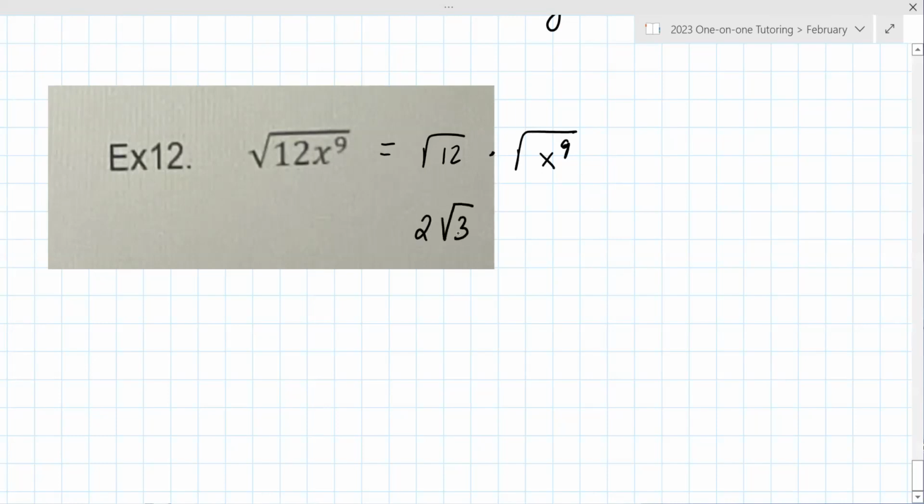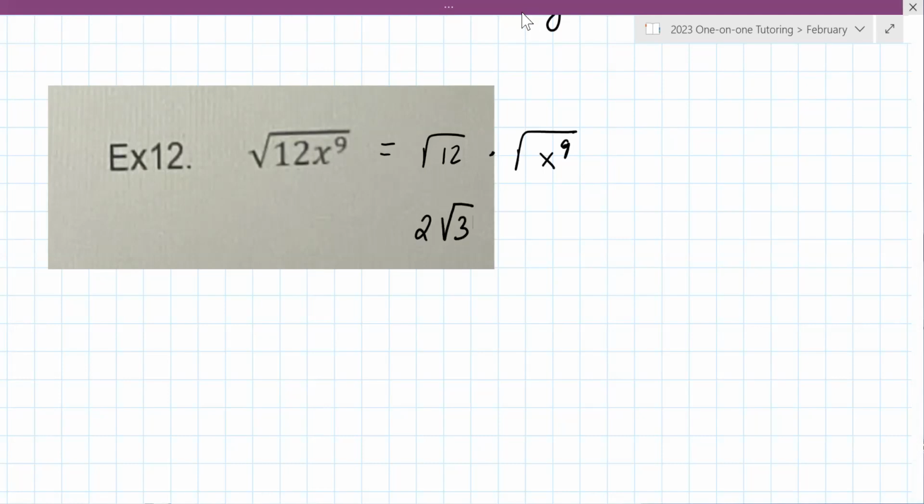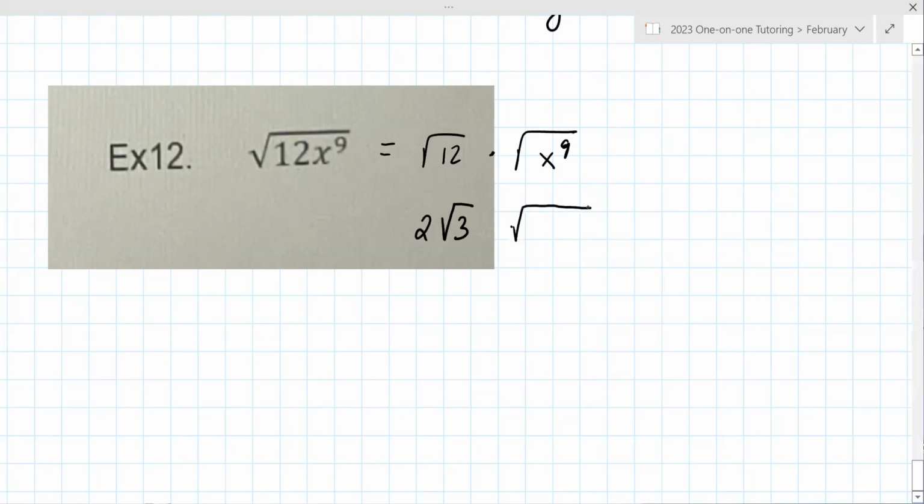Good. Now, a lot of math really is turning something you don't know into something you do know. Do you agree that x to the 9th is x to the 8th times x to the 1 power? Now, we do that because when you break these apart, all of a sudden this x to the 8th is good because you know how to reduce it.